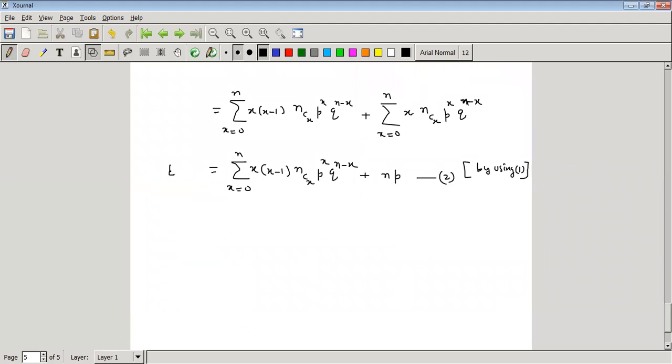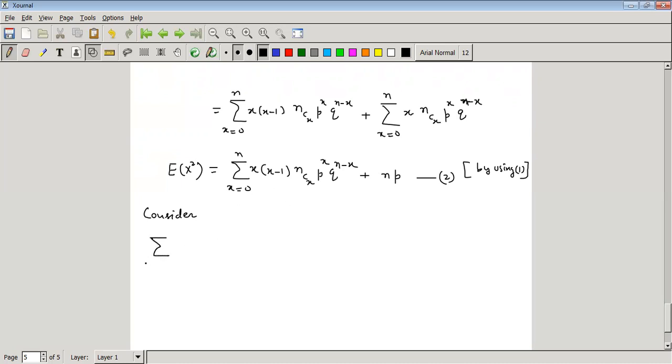So this is the expectation of x square. Now we have to calculate only the expectation of summation x equal to 0 to n of x into x minus 1 nCx p to the power x q to the power n minus x. Now consider this term, the first term of equation number 2.